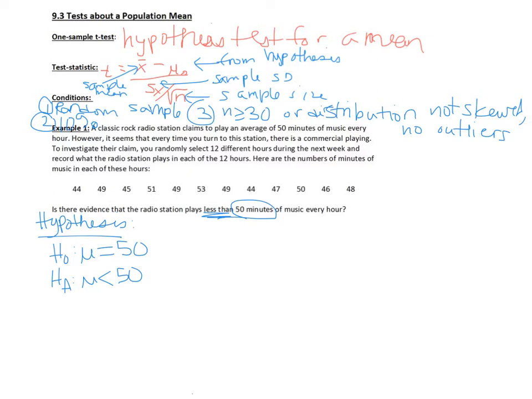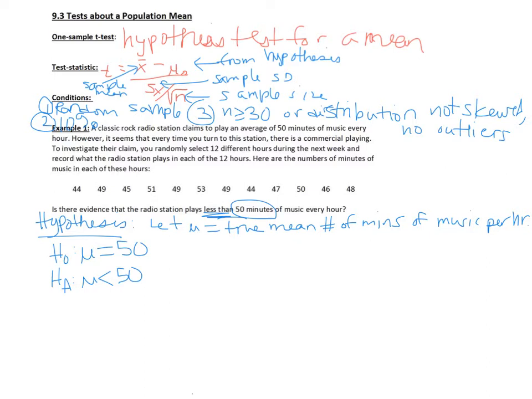Also, I didn't define my variable, so I'm going to let mu be the true average, or the actual mean, number of minutes of music per hour. Okay, so I have my hypothesis.